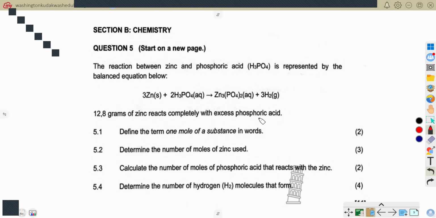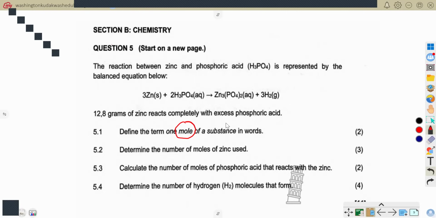To define 1 mole of a substance in words, a mole is an SI unit to measure the amount of substance.